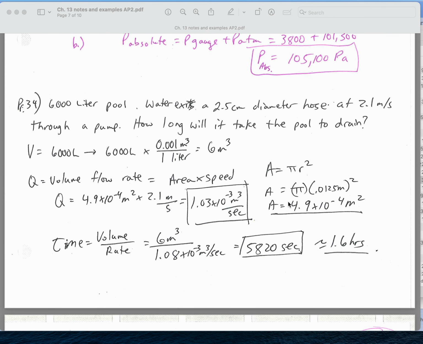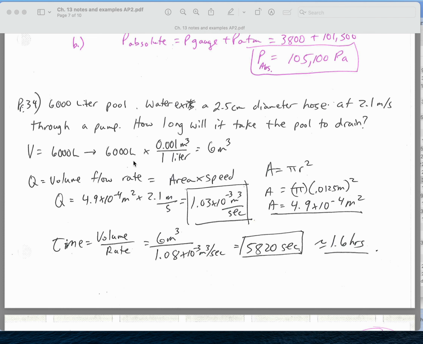For problem 34, we have a pump. It's used to empty a 6,000 liter wading pool. The water exits a 2.5 centimeter diameter hose at a speed of 2.1 meters per second. How long will it take to empty the pool? Well, first of all, we've got a volume, but I need to put things in units that agree with each other. There's a few ways you could do that.